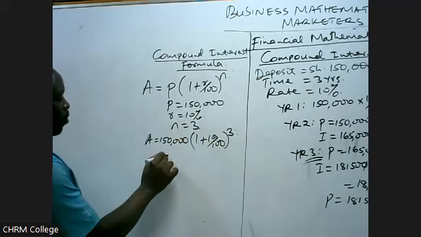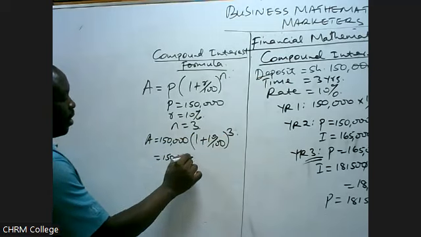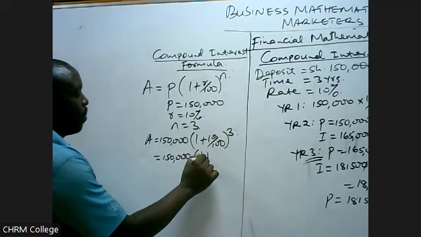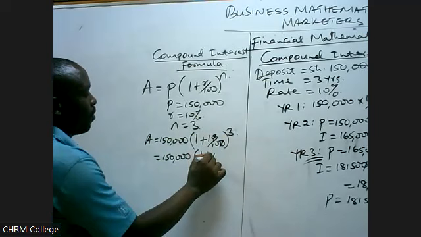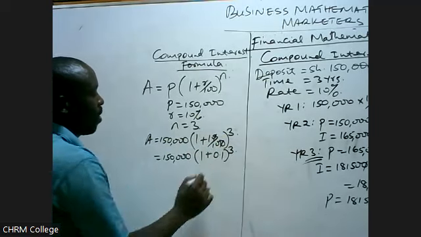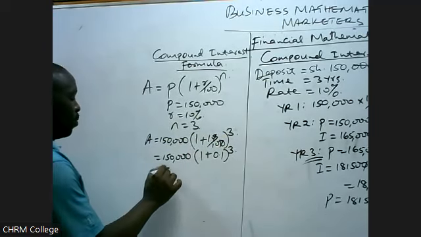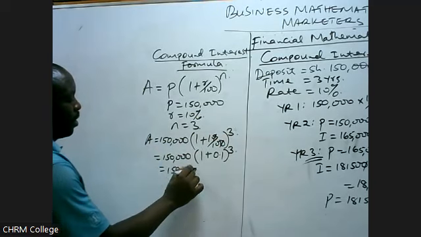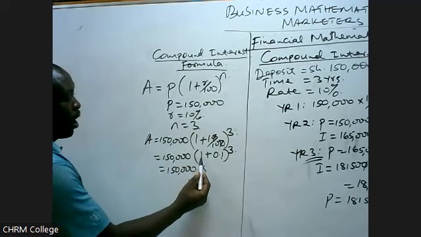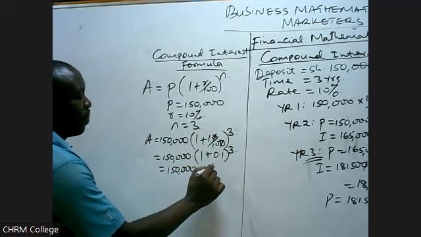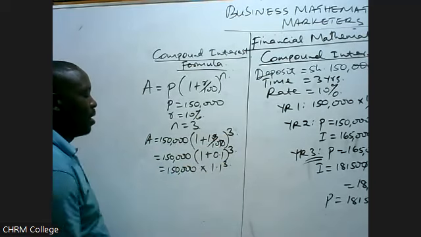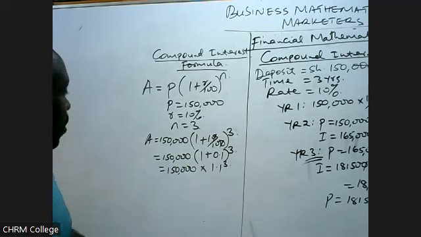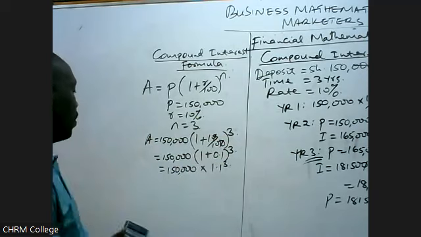So you get 150,000 into 1 plus 10 over 100, which is the same as 0.1, raised to power 3. That will be equal to 150,000 times 1.1 raised to power 3. Then you can use your calculator to do 1.1 raised to power 3.